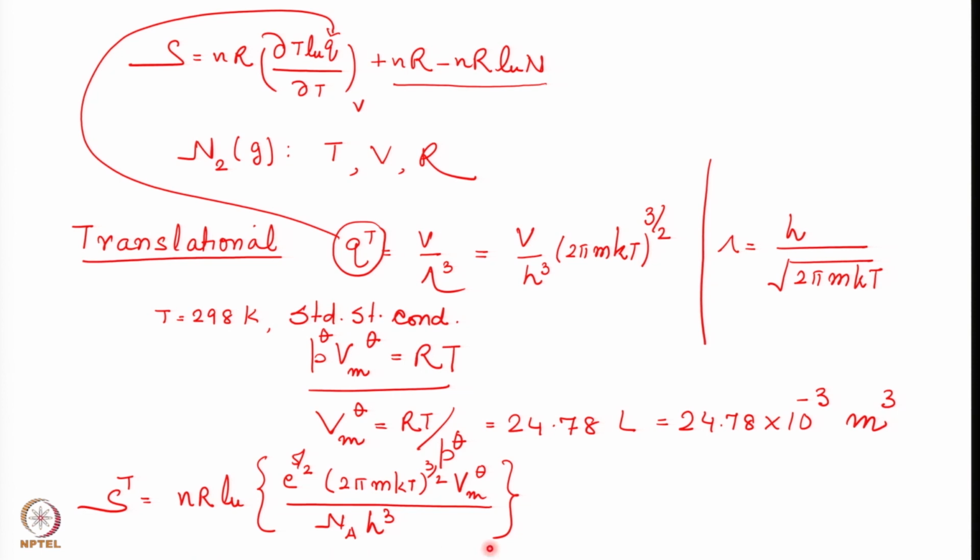We know the value of Vm naught, m we know for nitrogen, 28 divided by Avogadro constant into 10 raised to the power minus 3. We know Boltzmann constant, Planck's constant, and Avogadro constant, and when you substitute the values, this comes to be equal to 150.4 joules per Kelvin per mole.